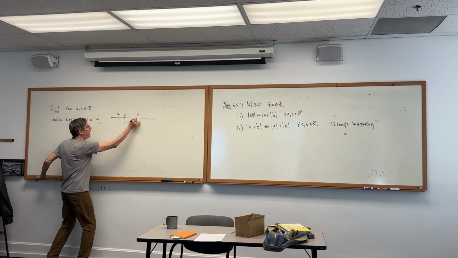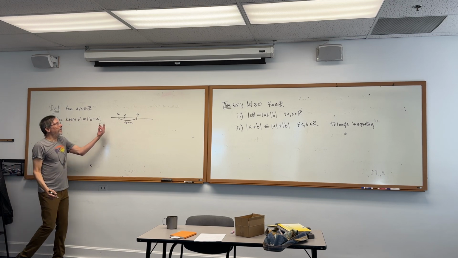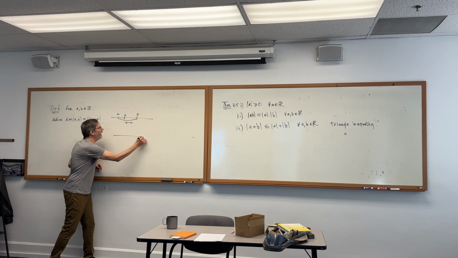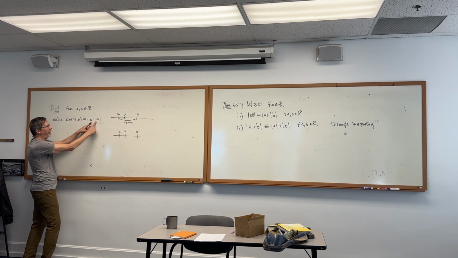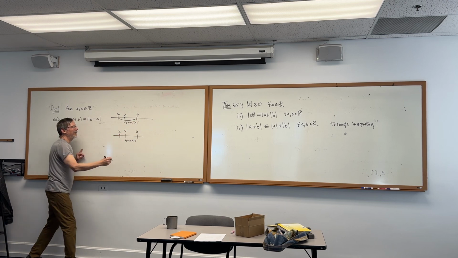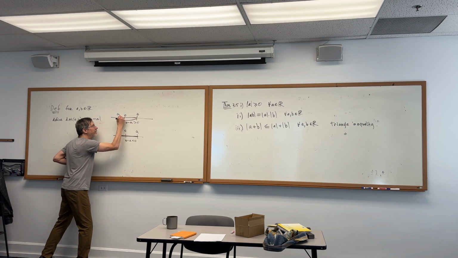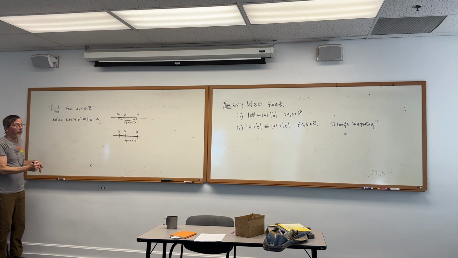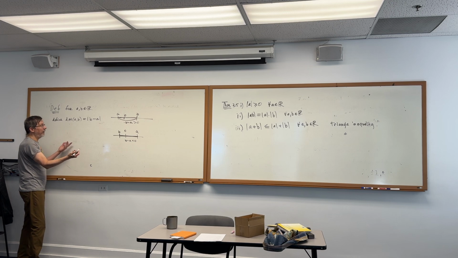So think B minus A is this quantity right here. But it could be the other way, right? If I do B minus A, it might have been that B was over here and A was over here. So B minus A here would be positive, but here B minus A would be negative. But it's still this distance here, just the negative of it. I want distance to be positive, as Camila offered to us, and I confirmed.